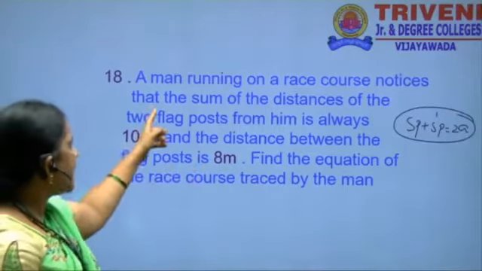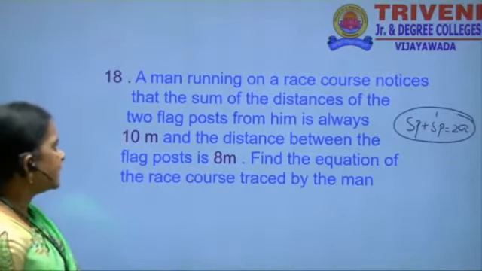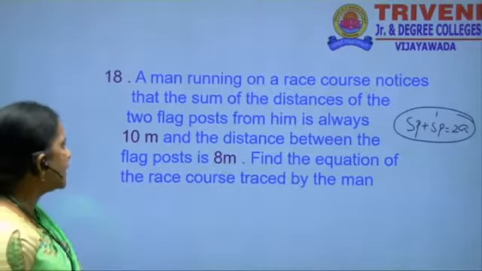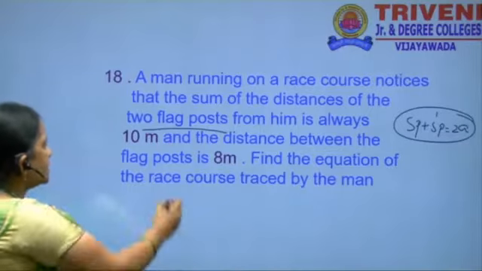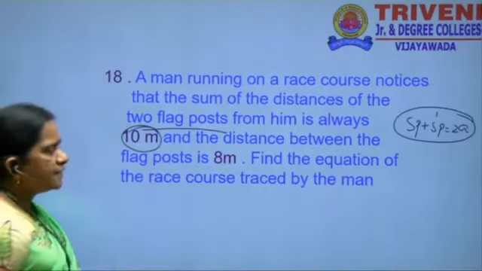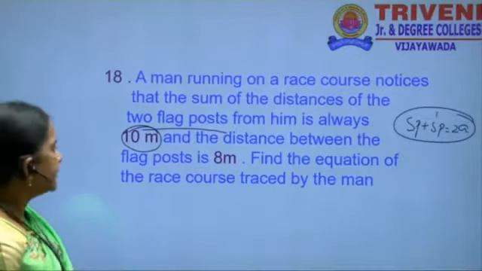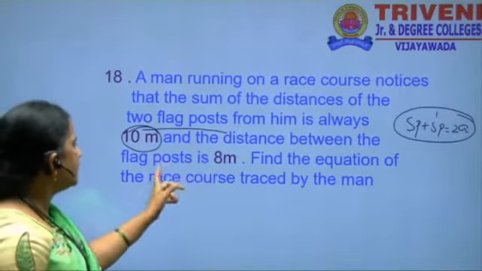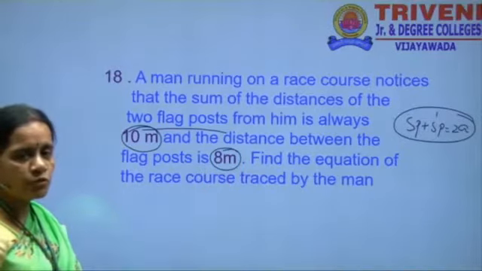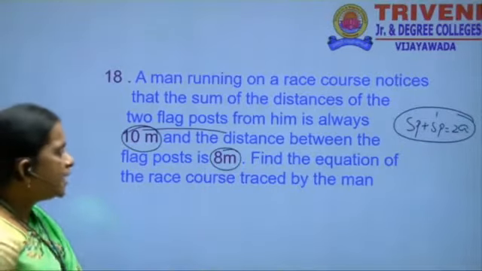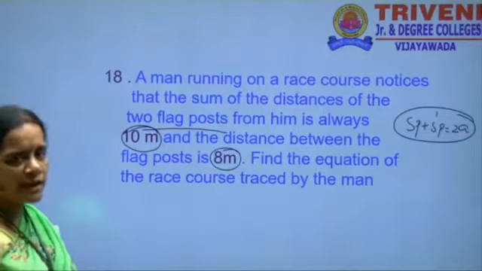A man running on a race course notices that the sum of the distances of the two flag posts from him is always 10 meters. That is SP plus S dash P is equal to 10. Then the distance between the flag posts is 8 m. That is 2AE is equal to 8 m. Find the equation of the race course traced by the man.